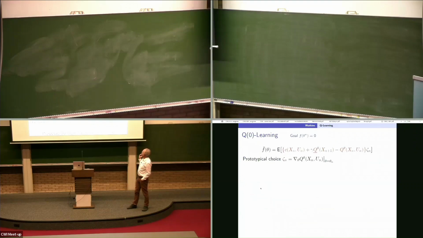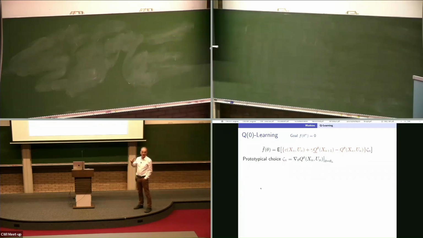I've never seen it done because in the way Q-learning is typically defined, you're not given this flexibility. Typically, you define the eligibility vector: you take the Q function, take its gradient, and evaluate that at the current parameter estimate. That's the definition.